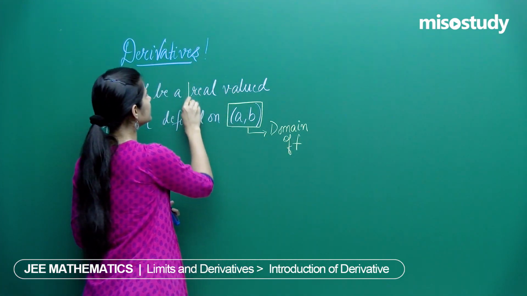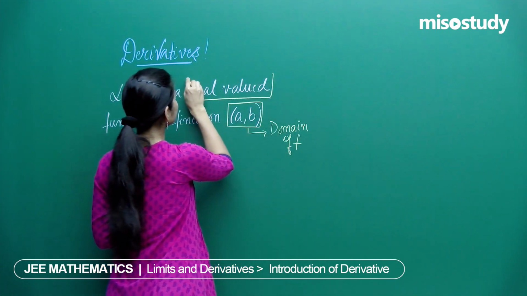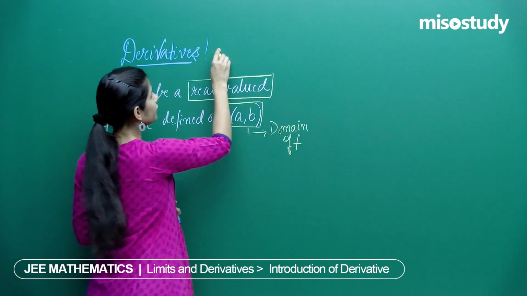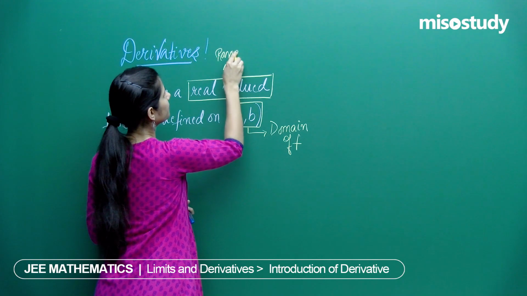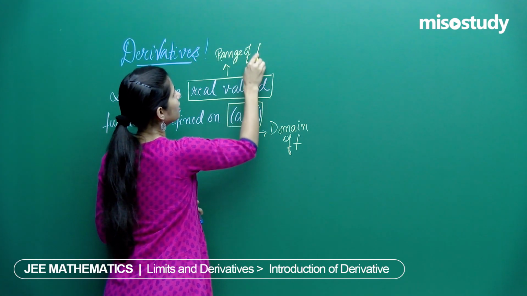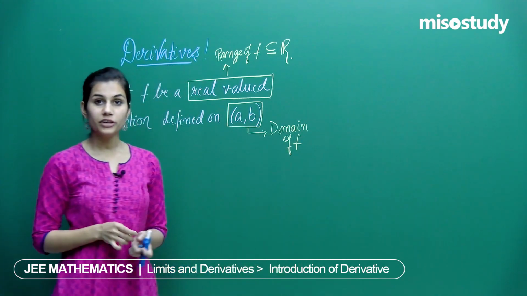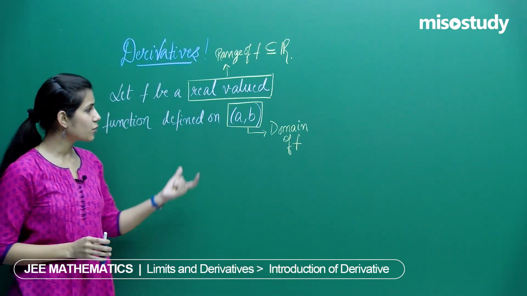and because it is real valued, what does that mean? This means the range of f is a subset of the collection of all reals. Yes, that is the meaning.